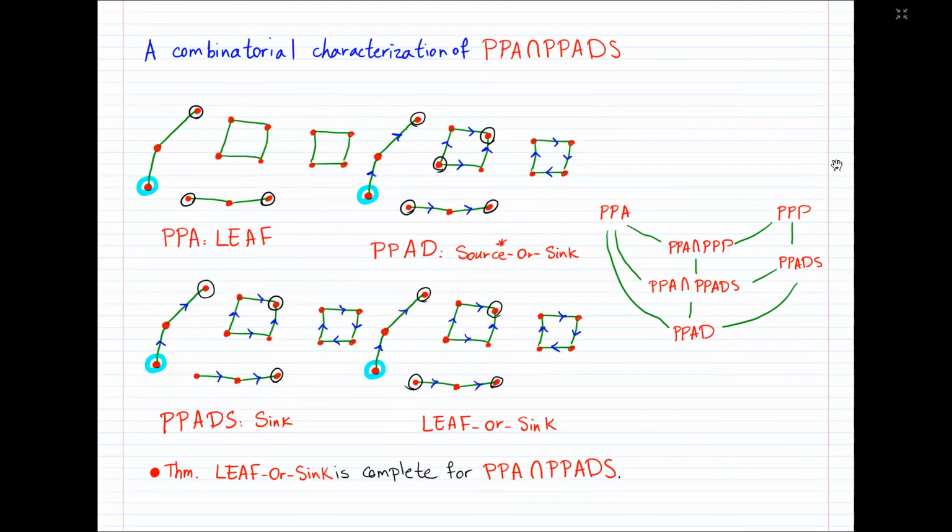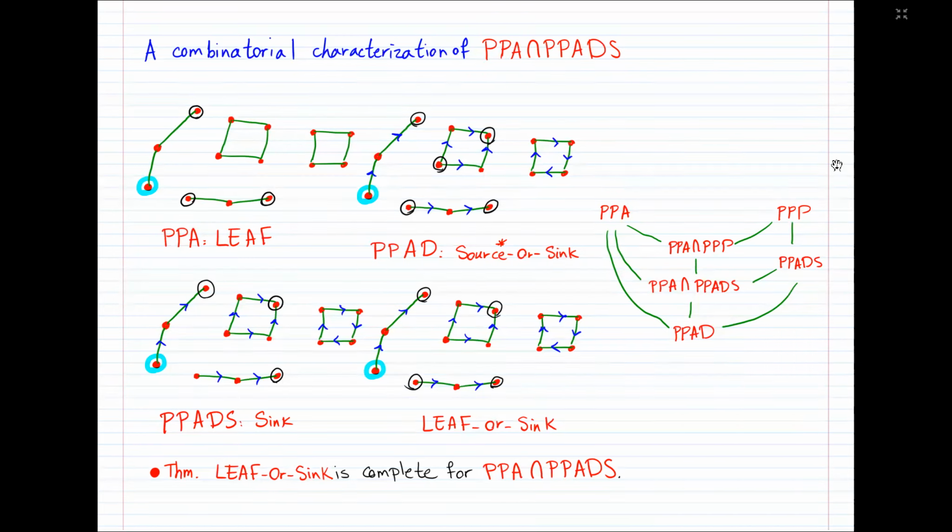For PPADS, you are again given a directed graph and a distinguished source, and you have to find a sink. Here we define a problem which we call Leaf or Sink. You are given a directed graph and a distinguished source. Either you have to find a leaf, which means you forget about the directions, or you have to find a sink with respect to the direction. And we showed that Leaf or Sink is a complete problem for PPA intersection PPADS.